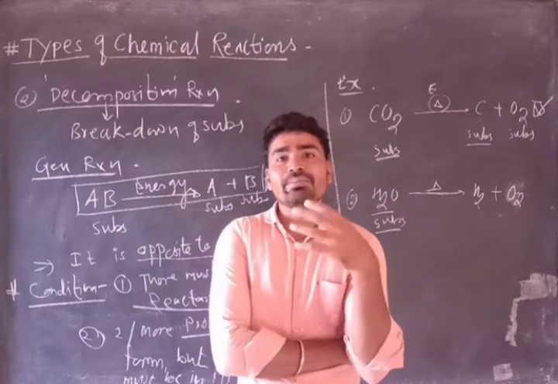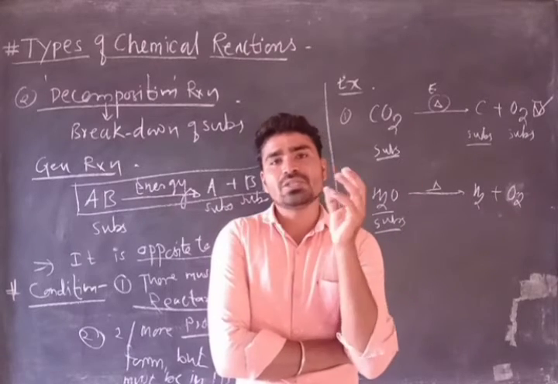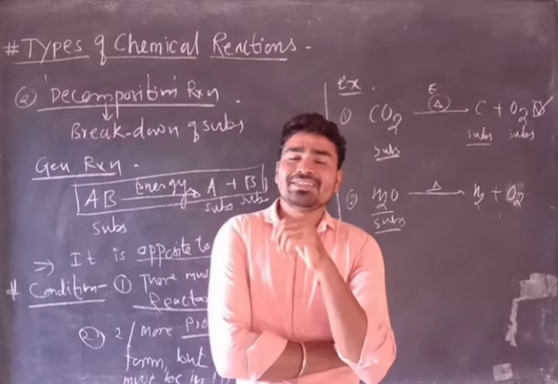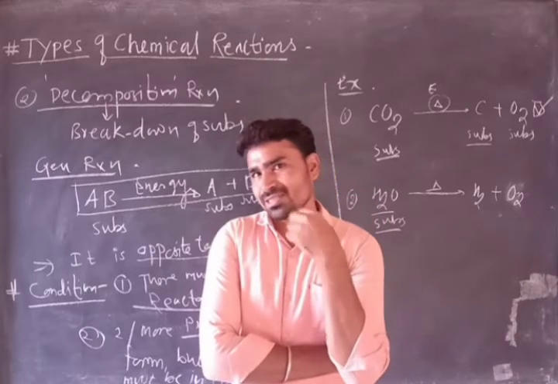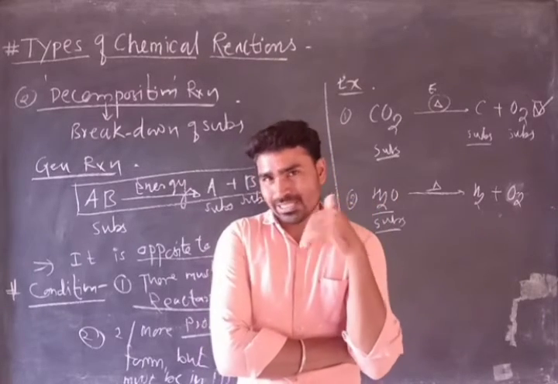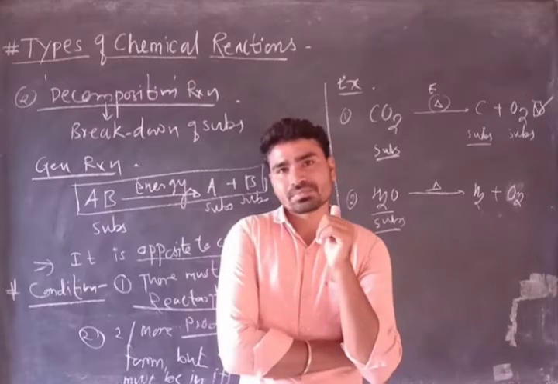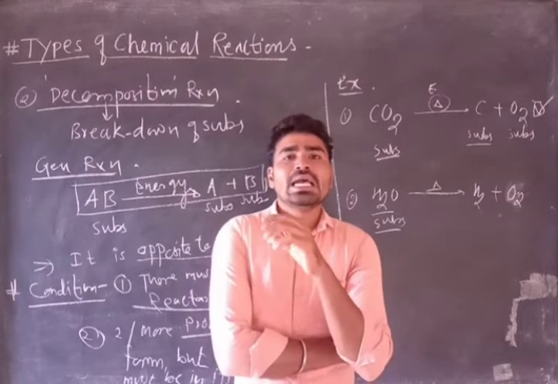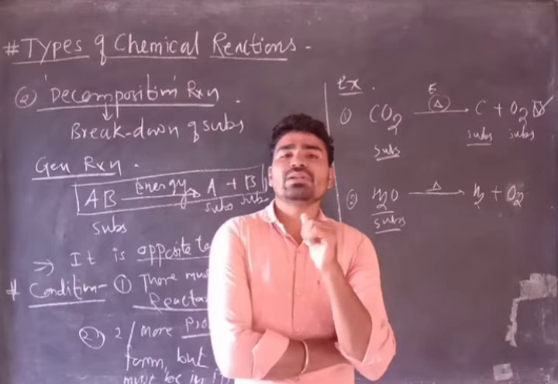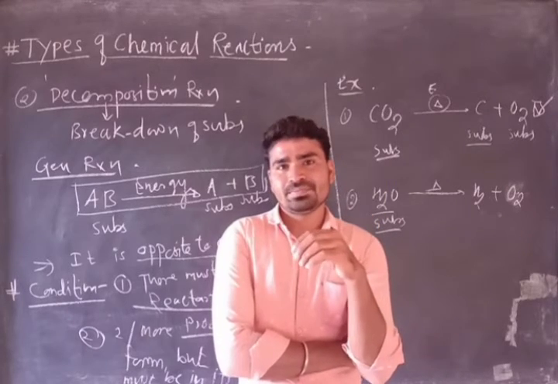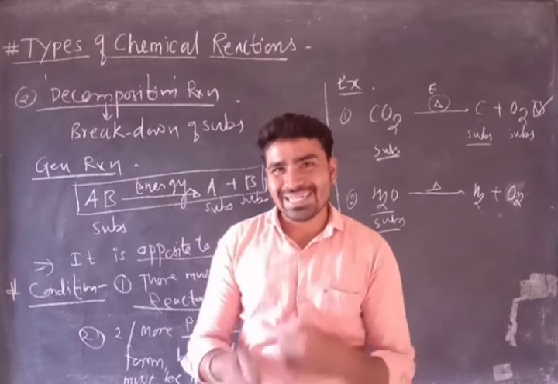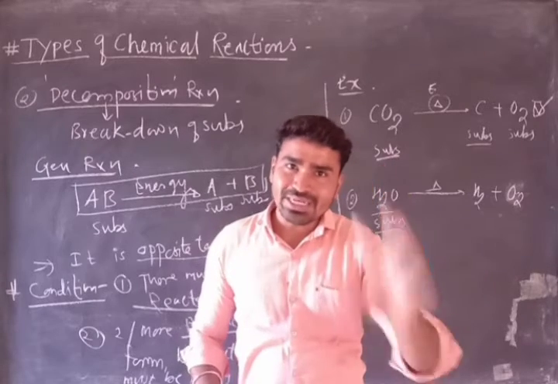There are many reactions which proceed in sunlight. For example, photosynthesis itself is one chemical reaction, and for this chemical reaction to take place, sunlight is required. That is, sunlight actually catalyzes the reaction to make it run.